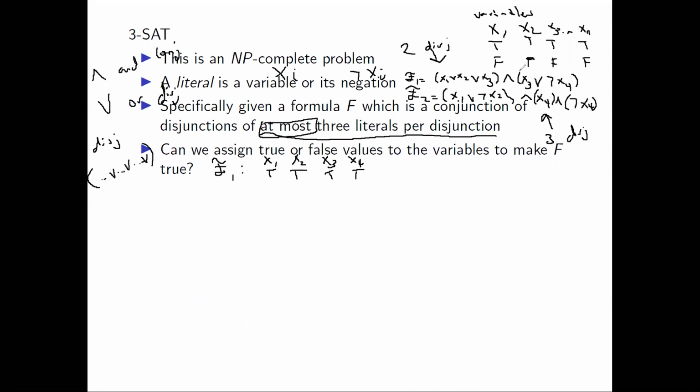The second disjunction right here, we have true or not true. So true or false. True or false, that's still true. So we get true for that second disjunction. So the conjunction right here is going to be a conjunction of true and true. So we get true. So this satisfies F1. It makes F1 true.